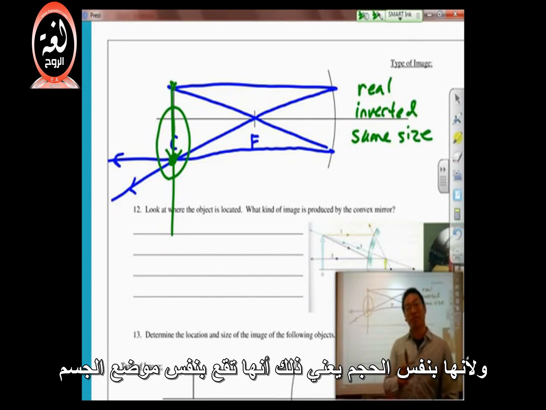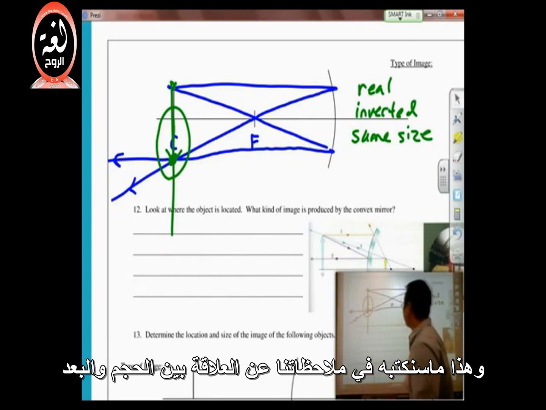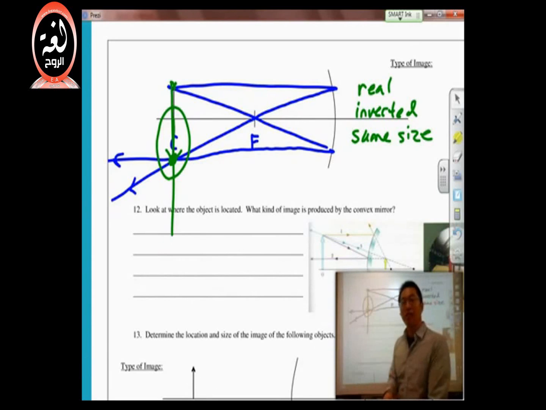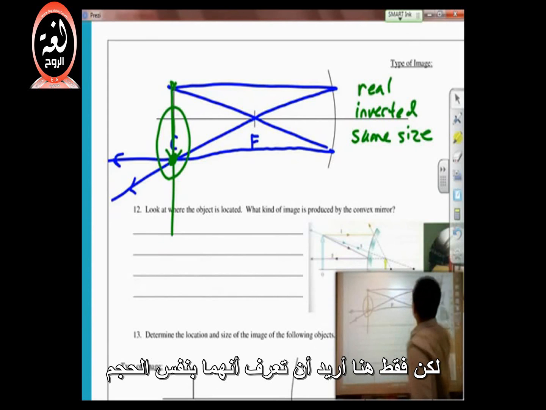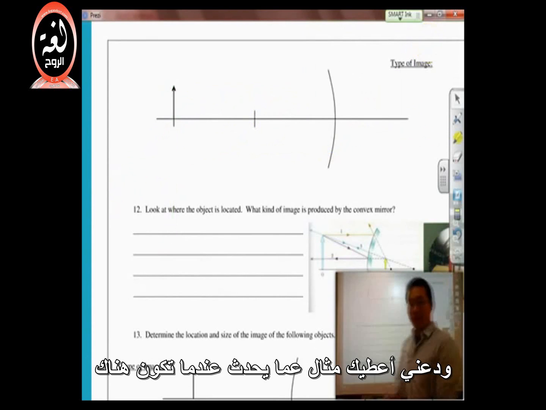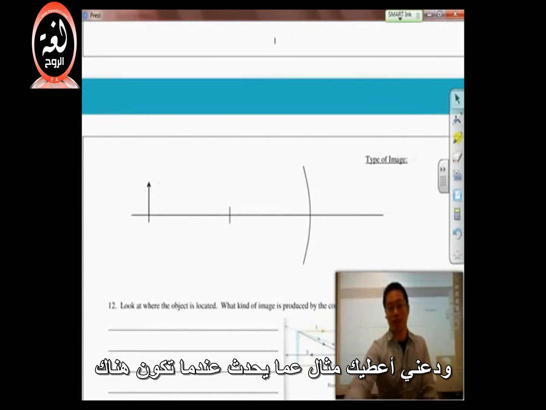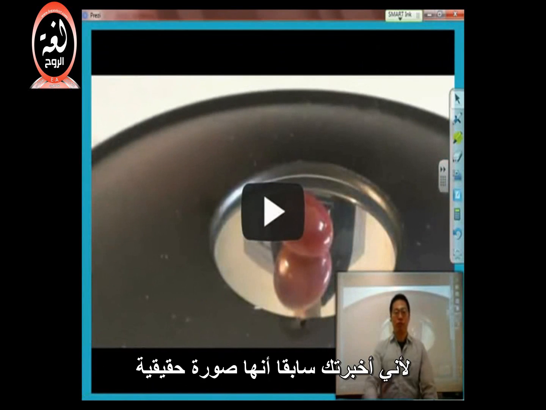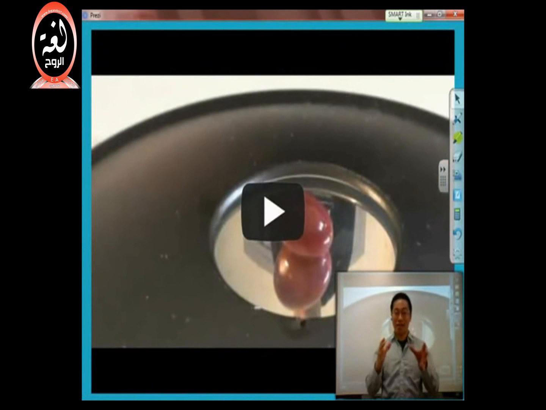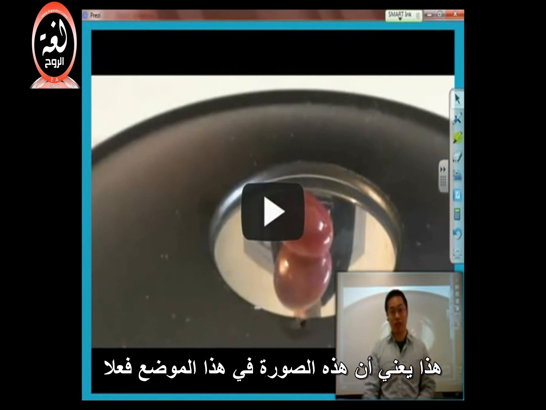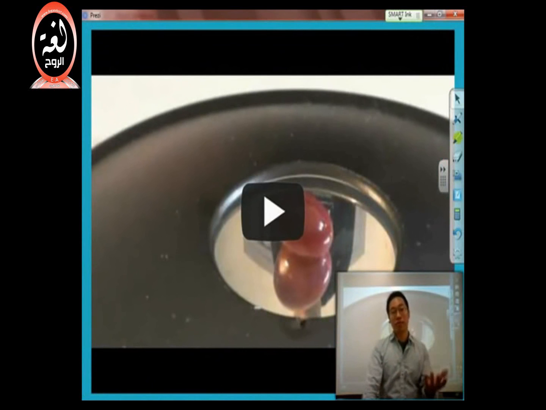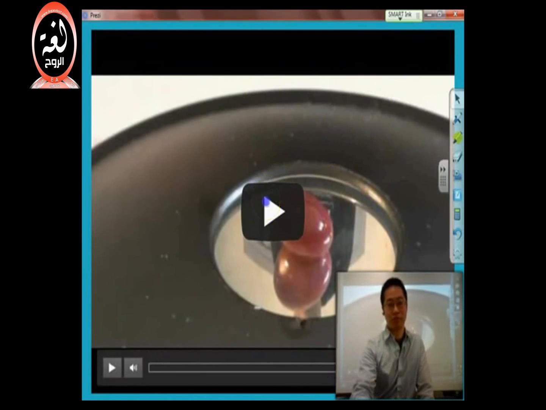And because it's the same size, it's actually placed at the exact same location as the object itself, which we're going to write down in our notes in a moment about the relationships between size and distance, but I just want you guys to note that it is the same size. And let me show you guys an example of what happens when it's there. Because, as I told you before, these are real images. That means the image is actually there at that location. You might see it in the mirror, of course, but here's an example of a magician's illusion.